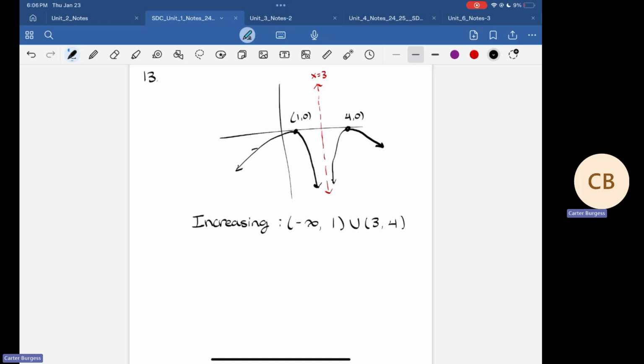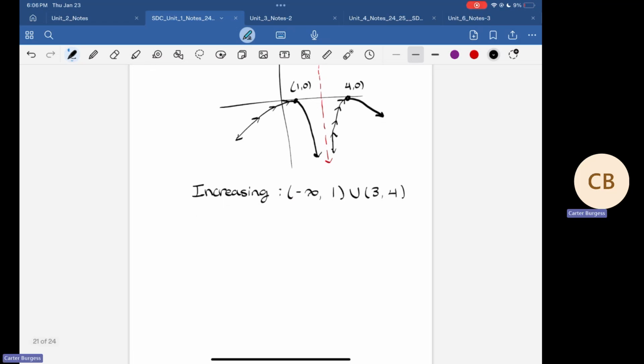These two regions of my graph, where my arrow is pointed up. And then I am decreasing everywhere else. You could theoretically also be constant in some places, but here I'm not. Right here, we are going down everywhere else, which will be everything from 1 to 3 and everything from 4 and on.